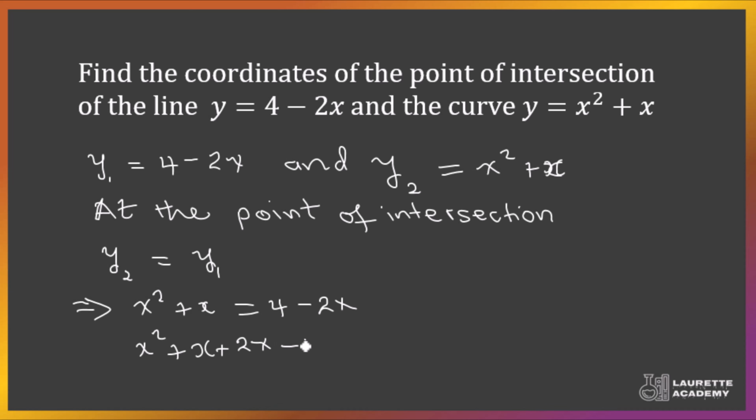This will become minus 4 is equal to 0. And so we have x squared plus 3x minus 4 is equal to 0.